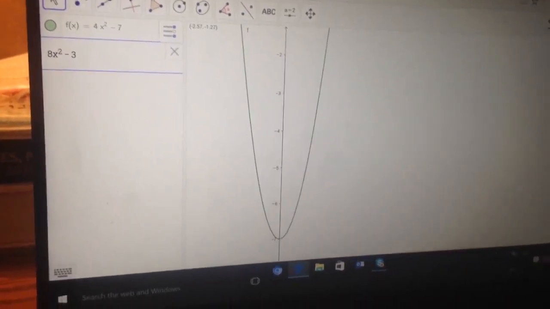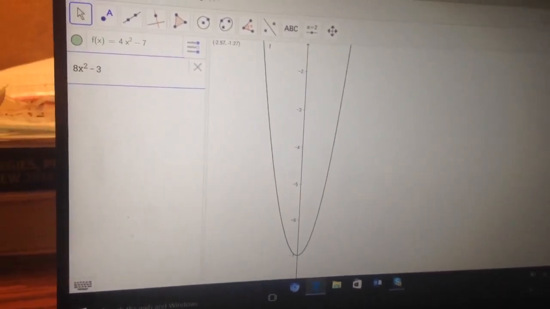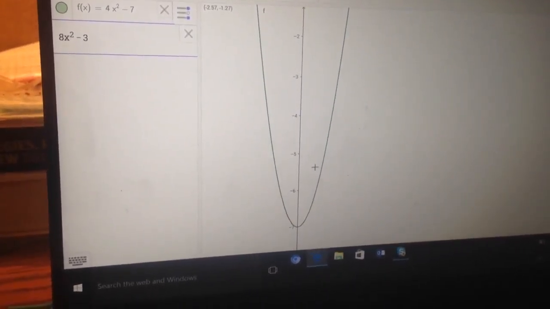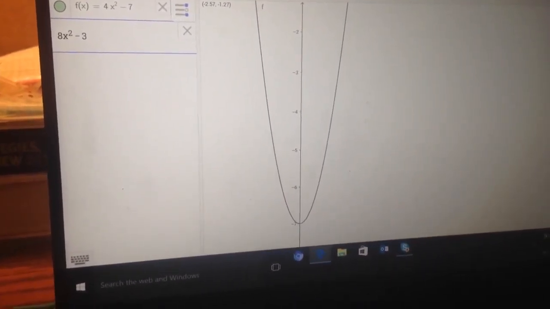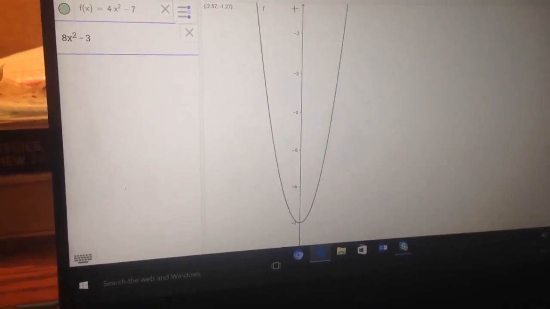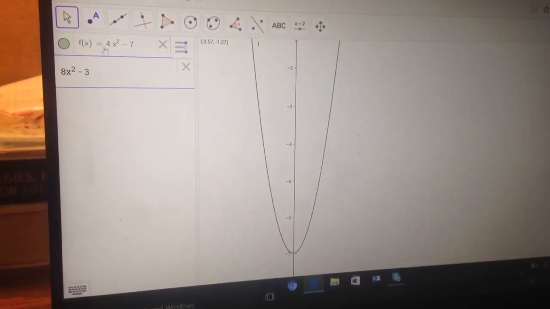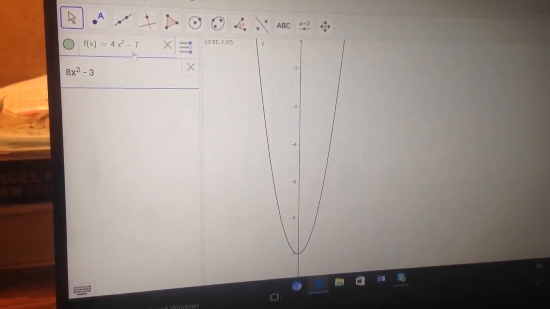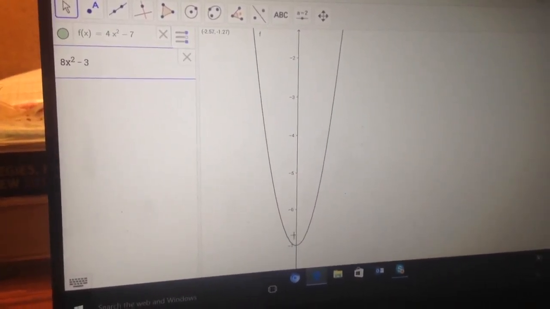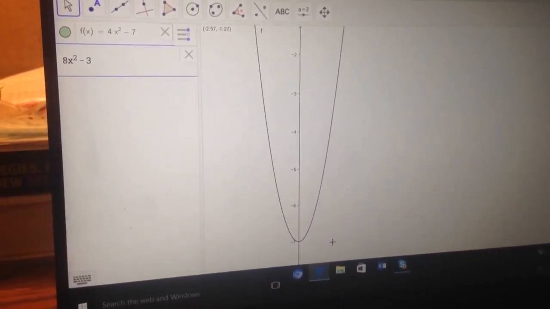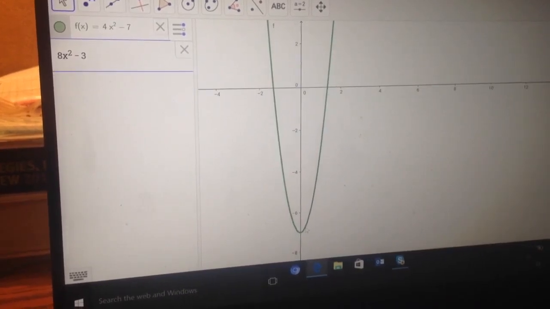In a problem like this, the domain would be infinite, because it's a parabola. However, the range is a bit different, because you only have a set number of values that could be used. So in this case, with the equation f of x equals 4x squared minus 7, it has to be any number greater than or equal to -7, or else the equation wouldn't work.